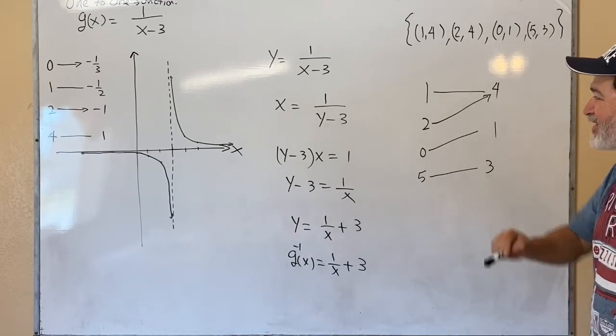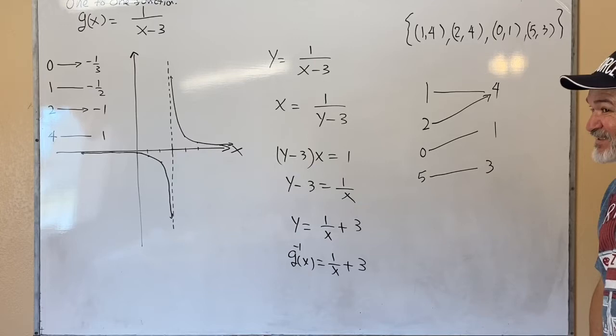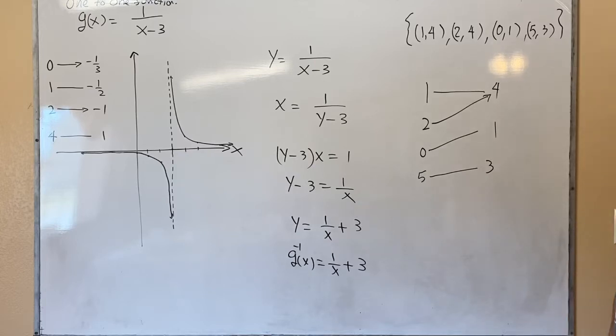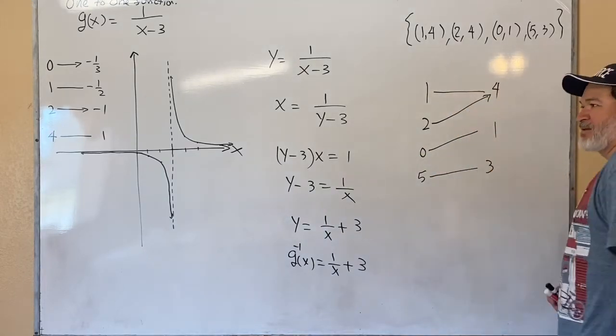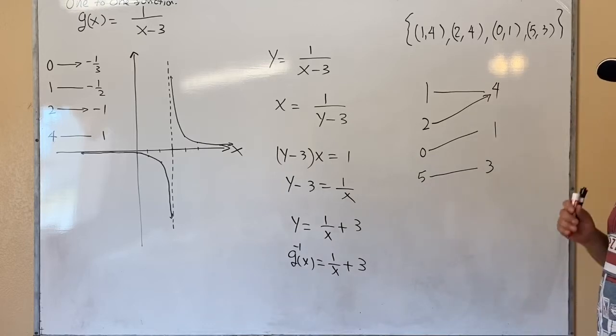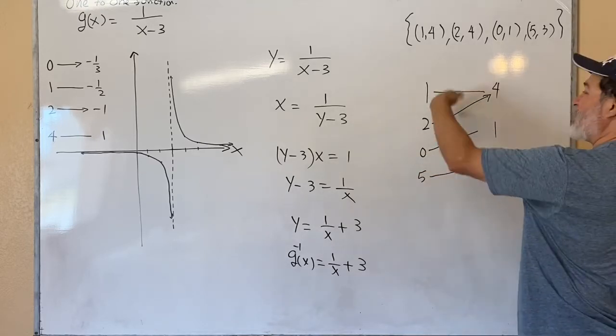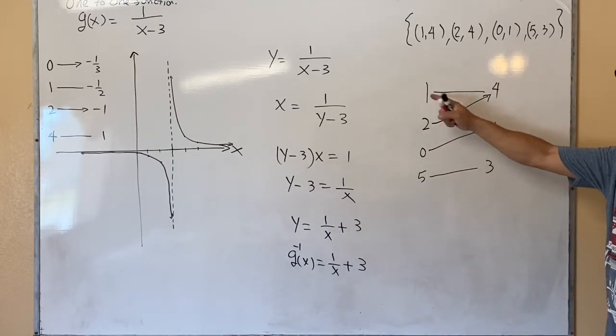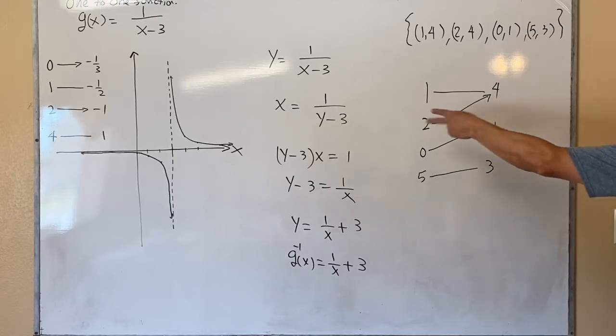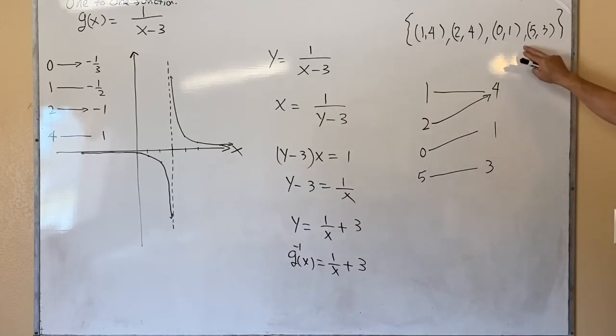This function is not one-to-one. It does not have an inverse. One-to-one means it has an inverse. And you know why? In order for a function to be one-to-one, 2 to 1 cannot happen. Here we have 1 paired with 4 and 2 paired with 4. That's 2 to 1. So that's why this function is not one-to-one.